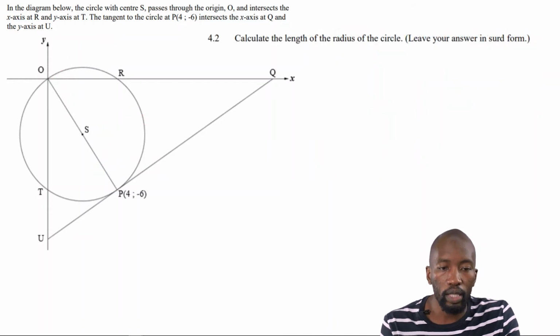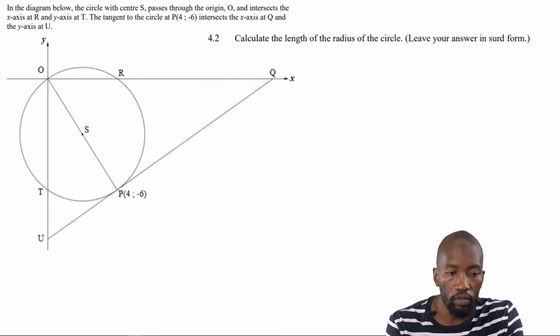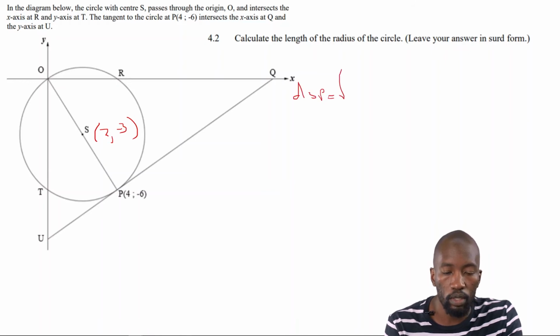Now we need to calculate the length of the radius of the circle. Leave your answer in surd form. So remember, here we had (2, minus 3). That's going to be quite easy because we're just looking for the distance SP, and this is just the square root of (x2 minus x1) squared plus (y2 minus y1) squared.